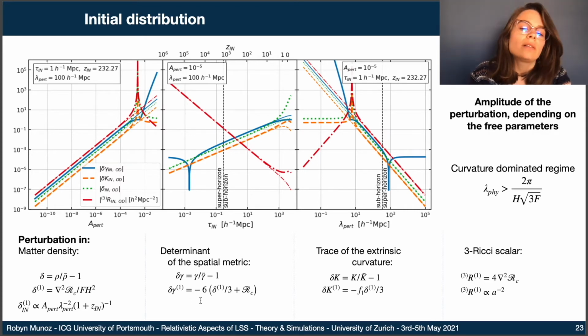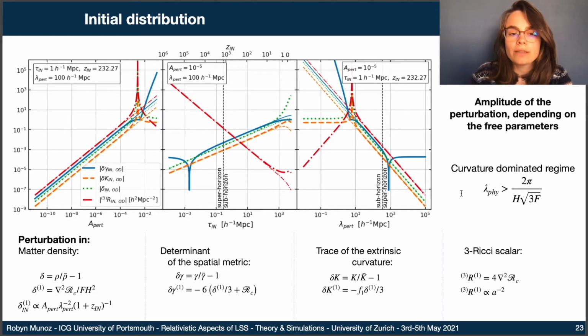And so delta gamma will have a matter-dominated part, that is the part that is linear here, and a curvature-dominated part, that is the plateau. And that is obtained when this equation is satisfied.